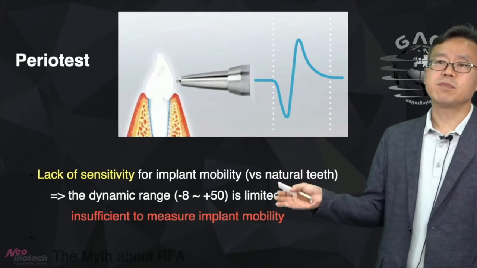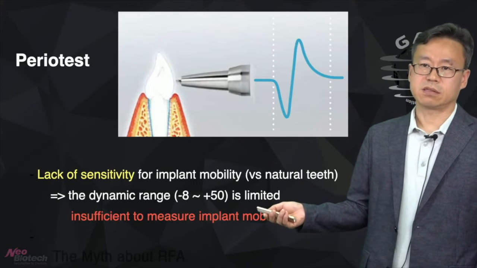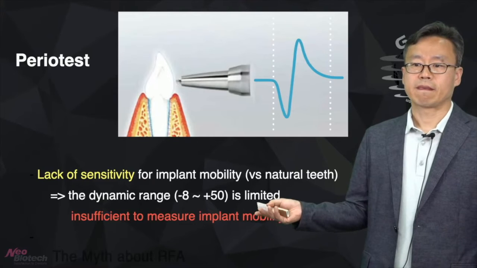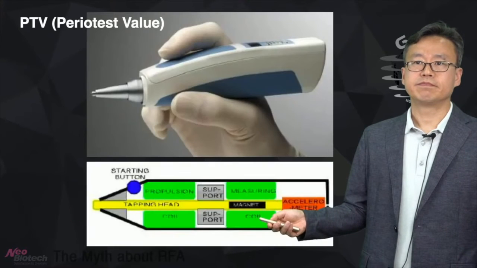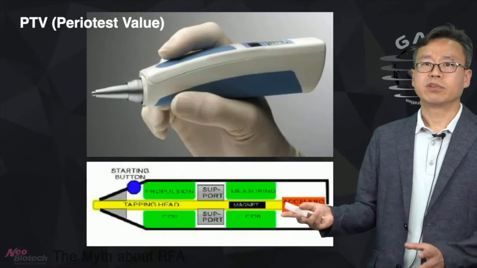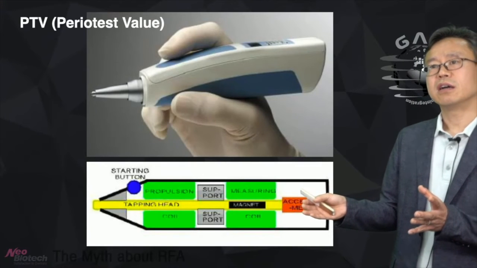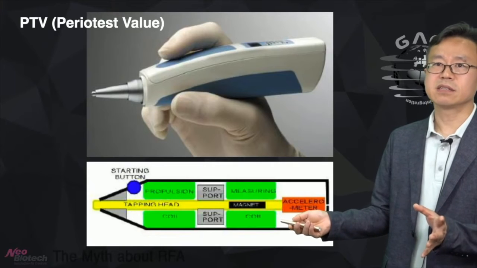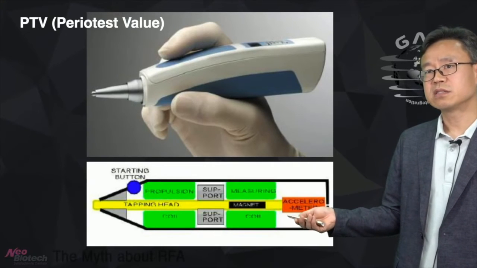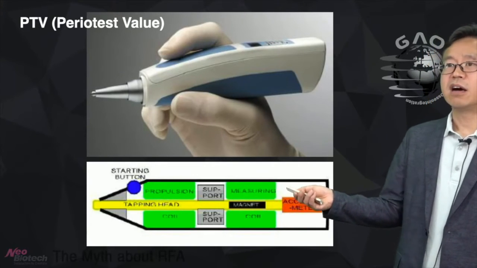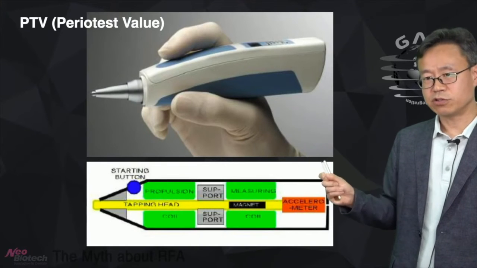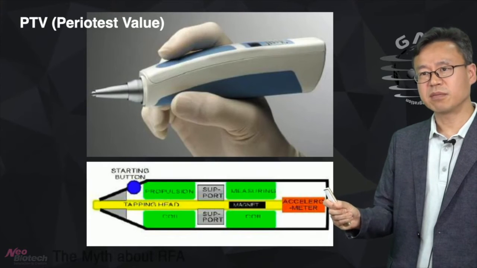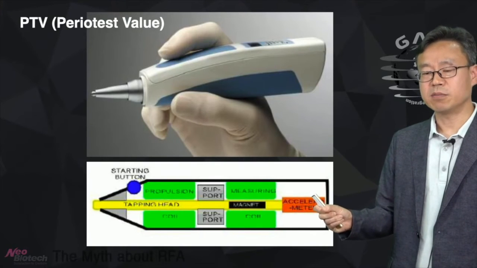It shares the same principle as the perio test. It basically evaluates the dampening capacity of the implant by measuring the contact time. So the longer the contact time, the more mobile the implant is.